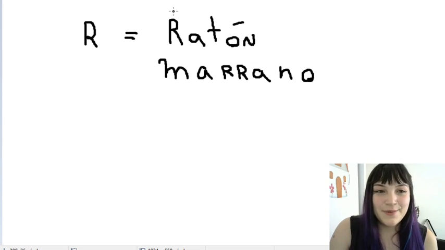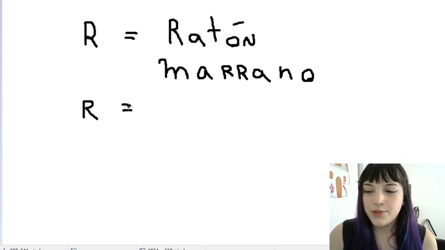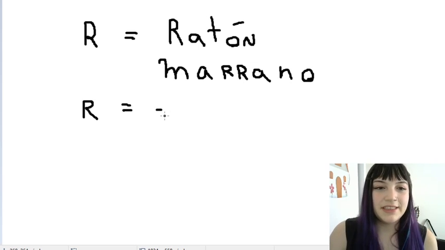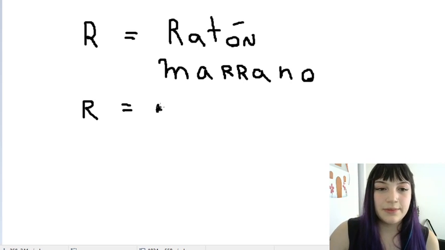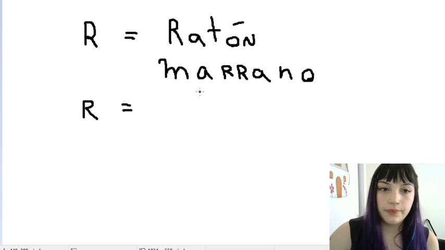So we have this pronunciation of the R, the strong R, and also a more subtle pronunciation of this R, which would be in, for example, the word aire, which means air.